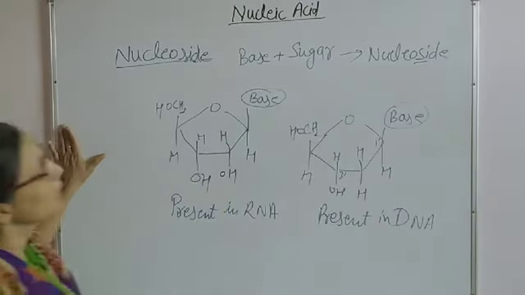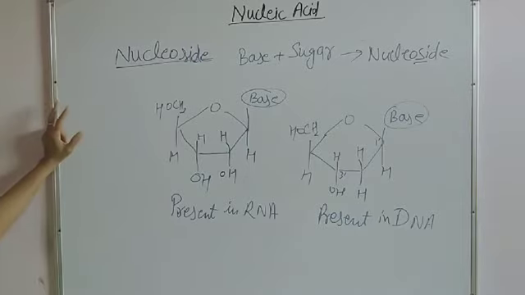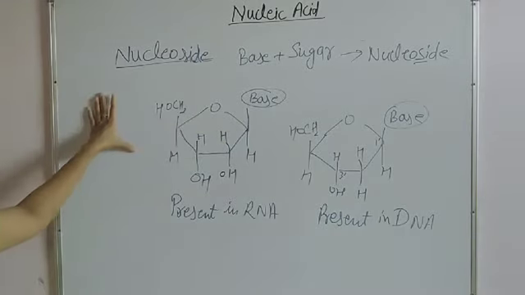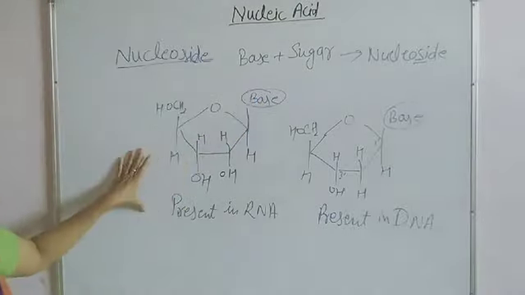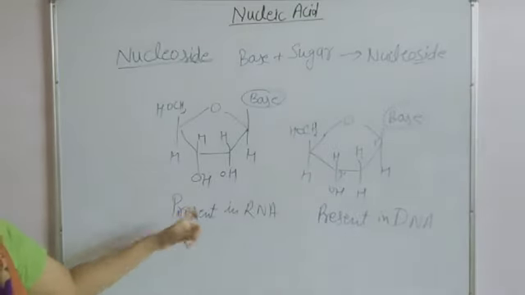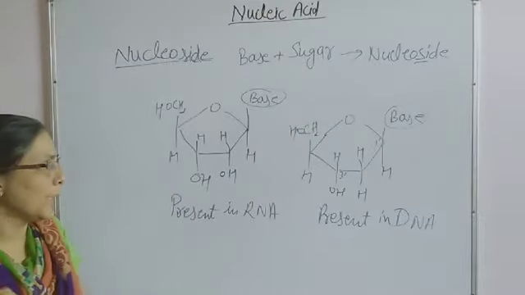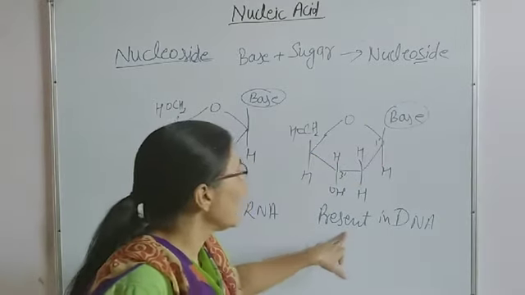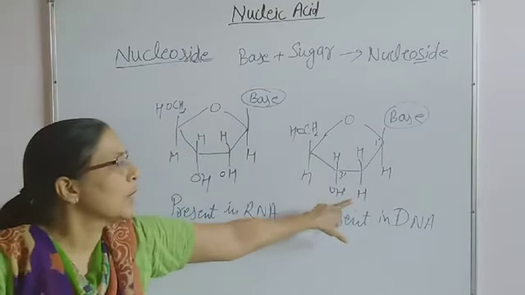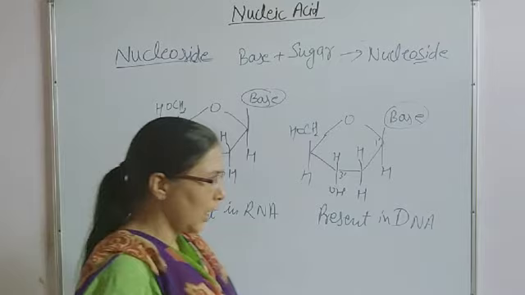So I hope it is very clear that base plus sugar is nucleoside, and if base is attached with ribose sugar, then it is the nucleoside of RNA. If base is attached with deoxyribose sugar, then it is present in DNA.